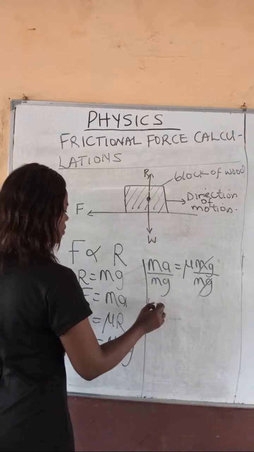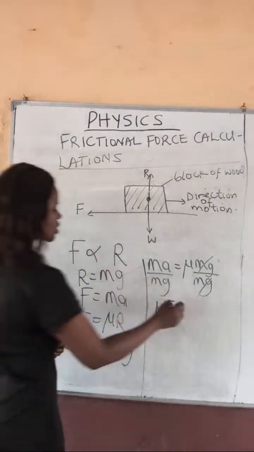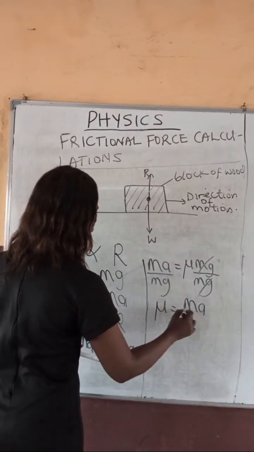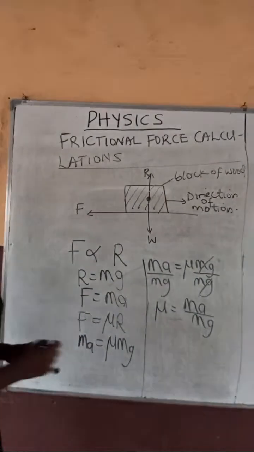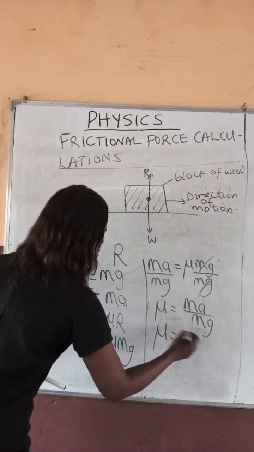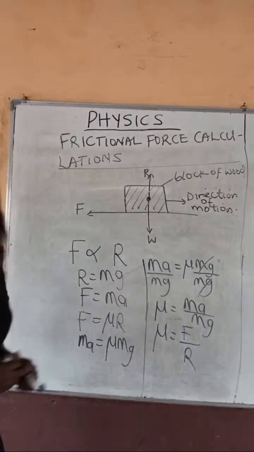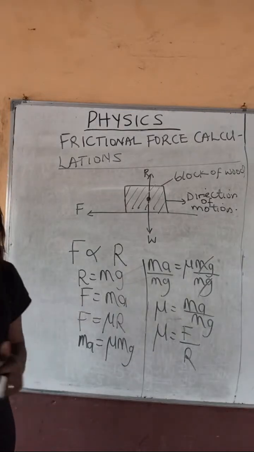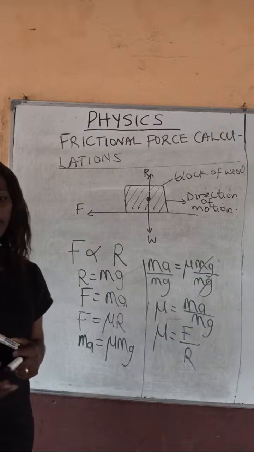So mu is equal to ma over mg. Mu is also equal to the frictional force over reaction force. So this is a summary of what we did under friction.